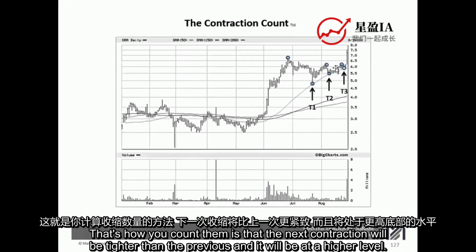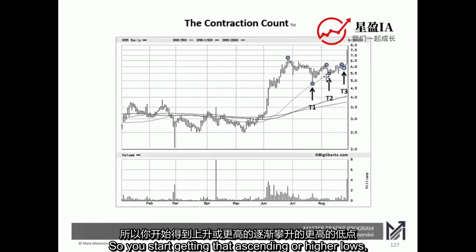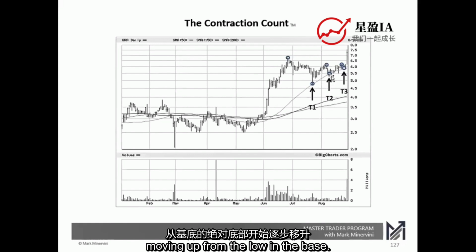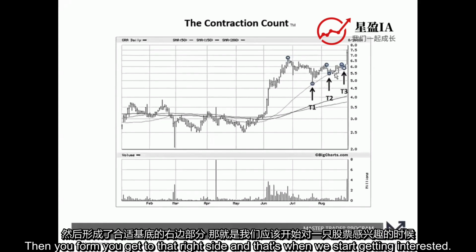That's how you count them: the next contraction will be tighter than the previous, and it will be at a higher level. So you start getting those ascending, higher lows moving up from the low in the base. Then you get to that right side, and that's when we start getting interested.